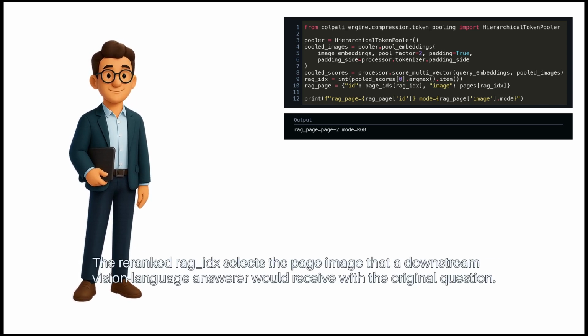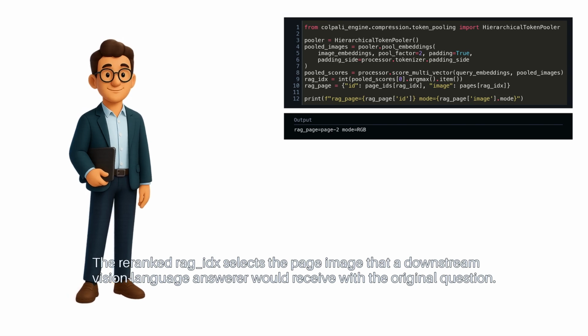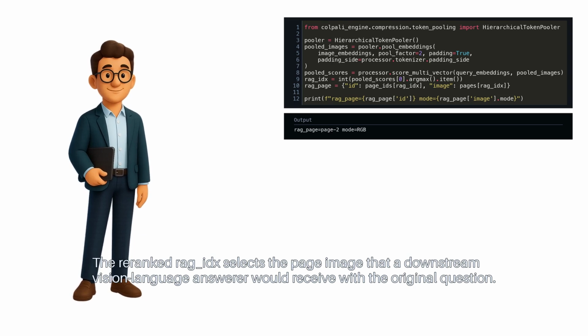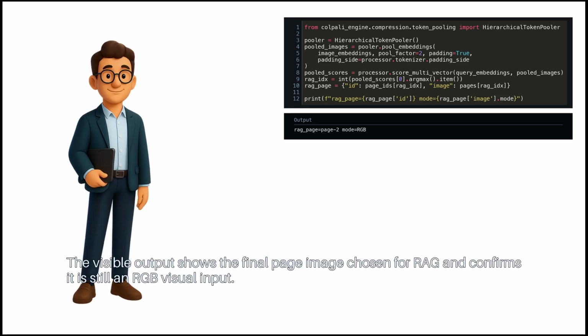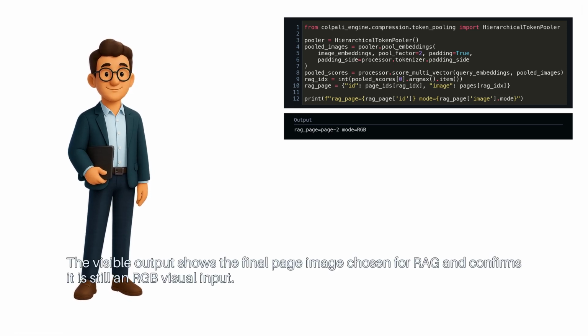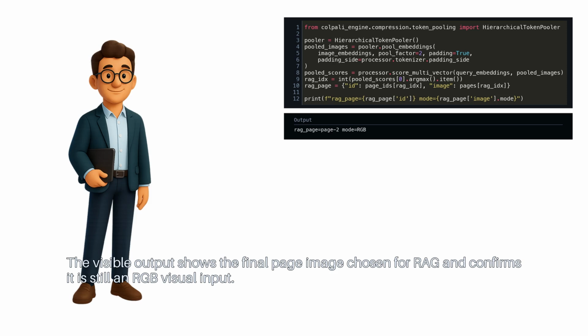The re-ranked RAG index selects the page image that a downstream vision language answerer would receive with the original question. The visible output shows the final page image chosen for RAG and confirms it is still an RGB visual input.